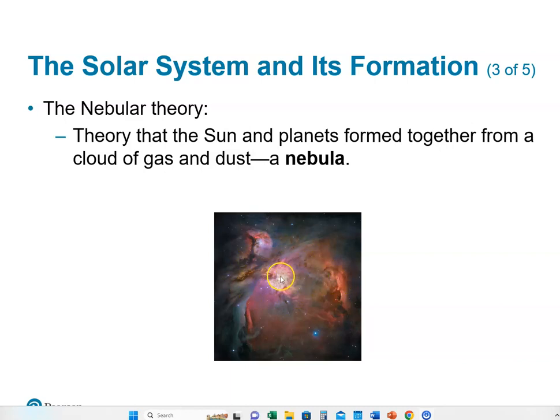They're all born at slightly different times, but you can have hundreds to thousands upon thousands of stars forming from a single nebula, depending on the size and the mass of the nebula. So stars rarely form as single stars.